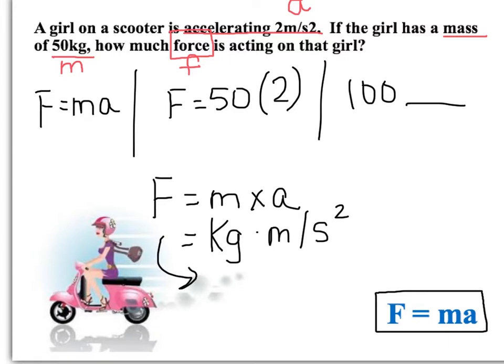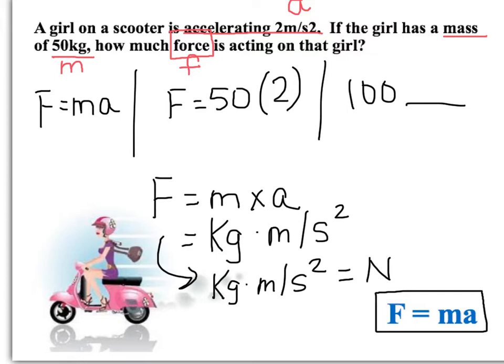The unit for force is kilogram meter per second squared. Instead of a little line right there, we're just going to put a dot, because we're multiplying kilograms, the mass, times the meters per second squared, the acceleration. Another way to write this is a Newton. A Newton is equivalent to 1 kilogram times 1 meter per second squared of acceleration.